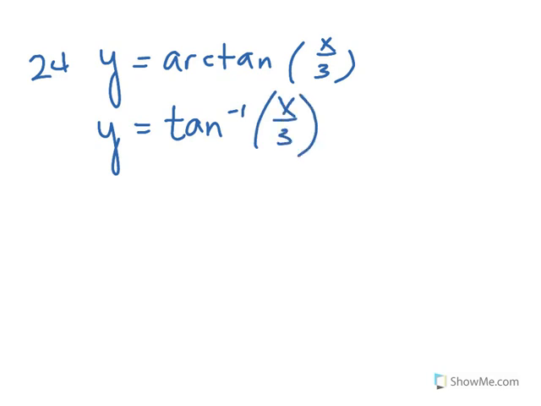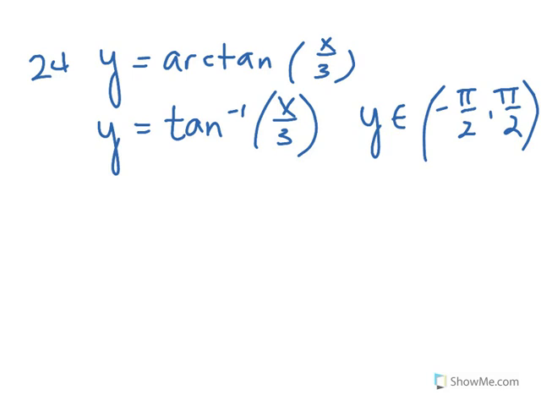which simply means that we're only going to consider this particular function where y is contained in the interval from negative pi over 2 to pi over 2. We're just going to agree that that's the part we're going to look at. Now this is something we can differentiate. The formula for it is pretty straightforward. The derivative of tan inverse is 1 over 1 plus x squared.